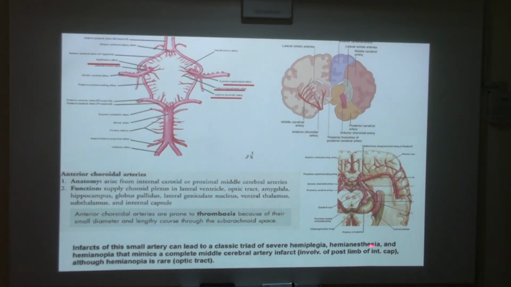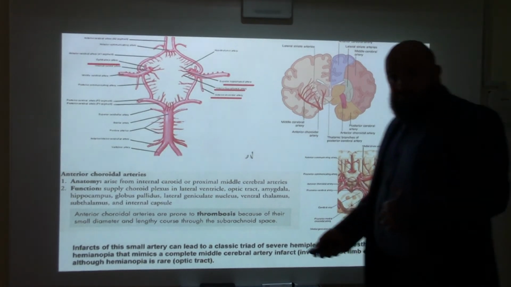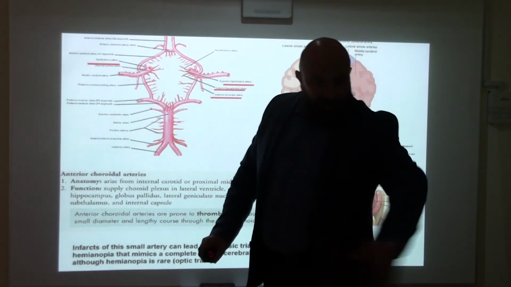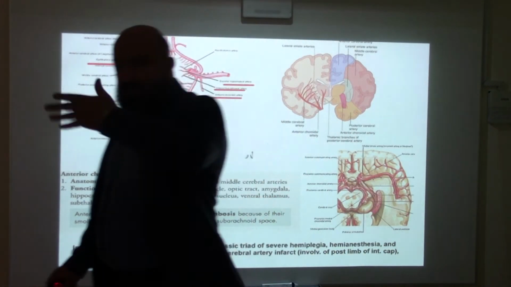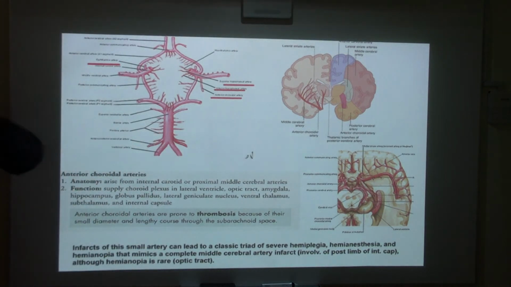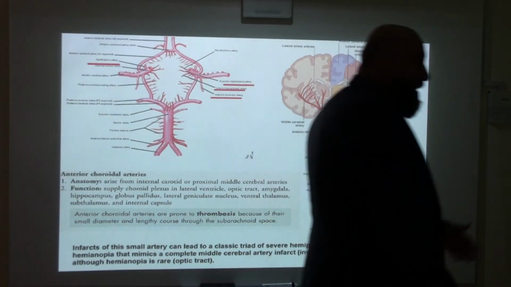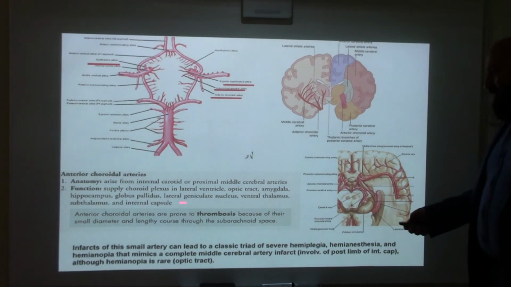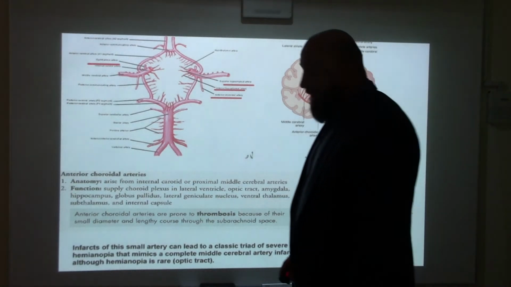Now if there is a thrombosis in that artery, you will have hemiplegia. Imagine that tiny little artery will have hemiplegia, hemianesthesia, so complete loss of movement and sensation. And you might have homonymous hemianopia because of the involvement of the optic tract.